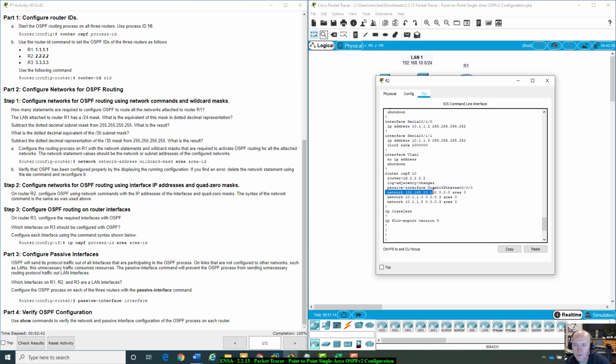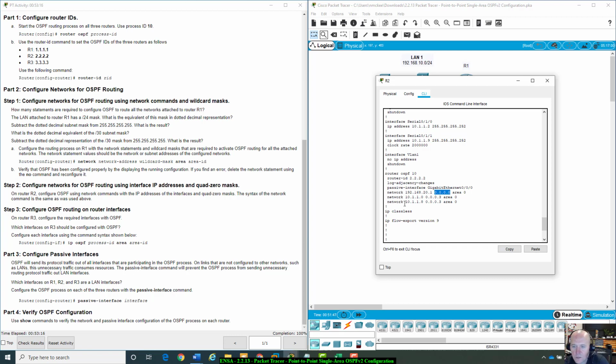But notice now we specified this by putting in the equivalent of a /32 IP address of the interface. That might sound a little confusing, but notice how this is definitely not a network address because it's an odd number, but we're doing all zeros. So wildcard mask all zeros is the same thing as a subnet mask of all 255s. That would mean use just that specific address.